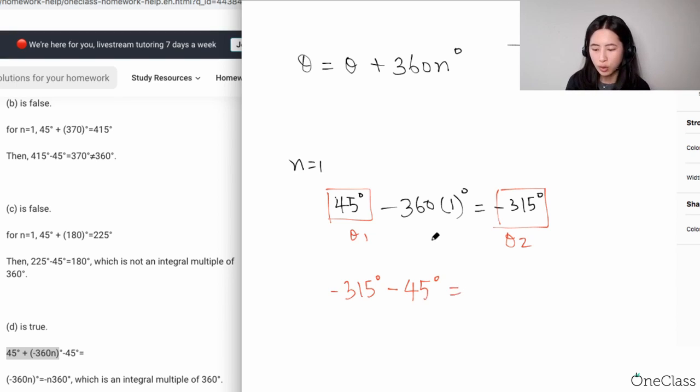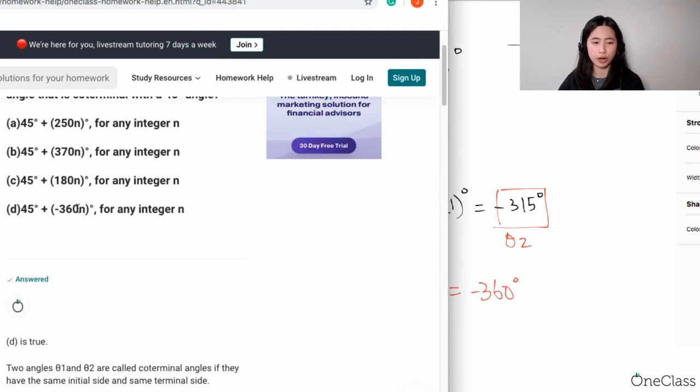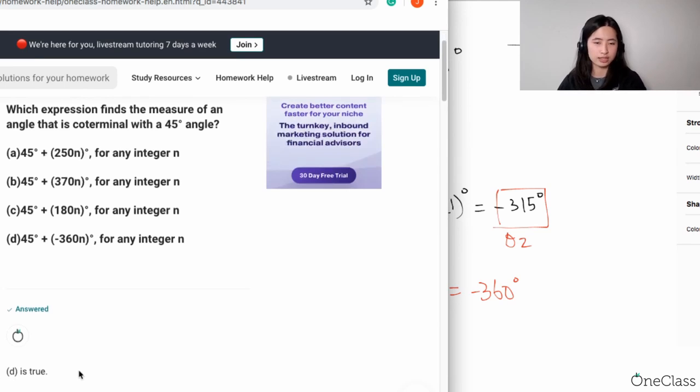So technically it's negative 315 minus 45, and adding the two, you would get negative 360 degrees. Can you guys see that? Now you know that negative 360 degrees is a multiple of 360, so that's why D is true. That's what they said, D is true, and this is correct.